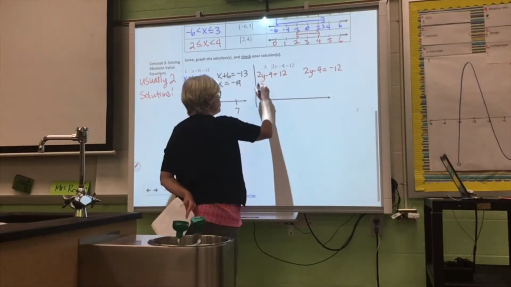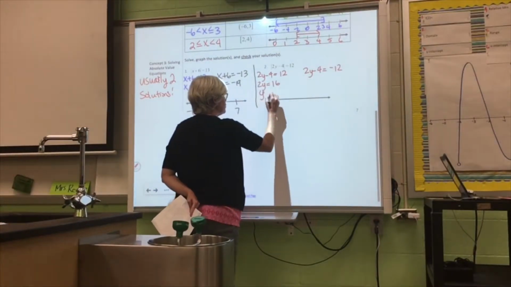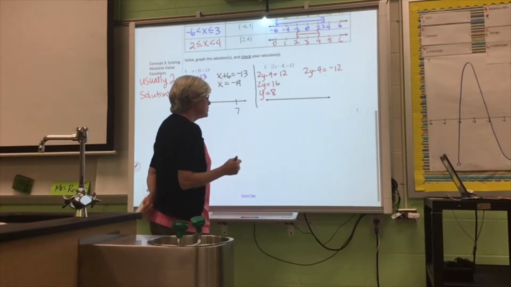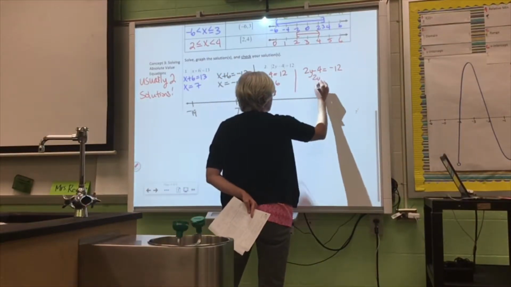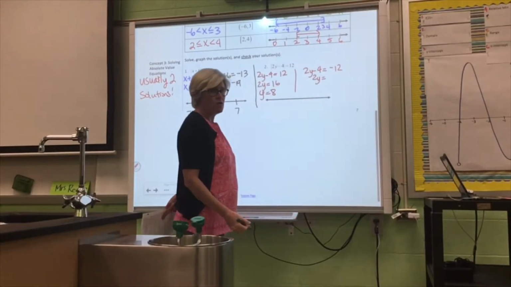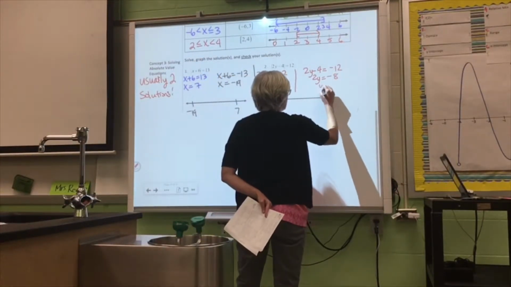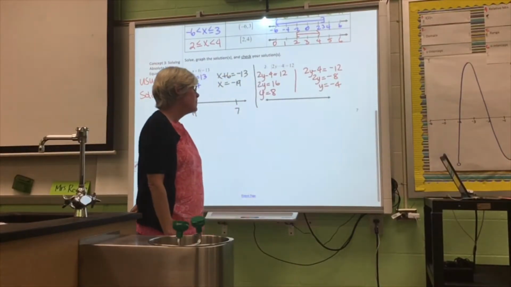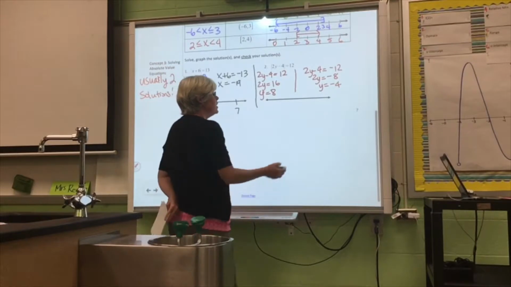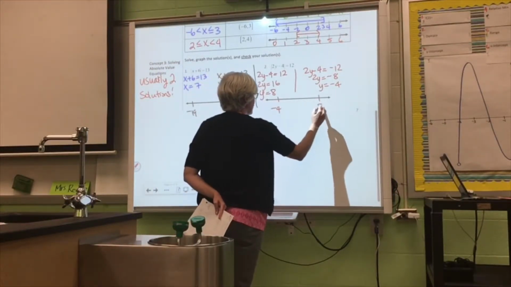So I'm going to add 4 to both sides, and then I'm going to divide by 2, and I get 8. On this other one, I'm going to add 4 to both sides. So negative 12 plus 4 is negative 8. I'm going to divide by 2 on both sides, and I get negative 4. Now, my answers are negative 4 and positive 8.